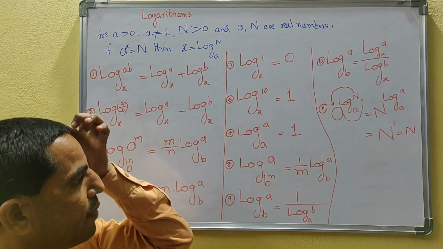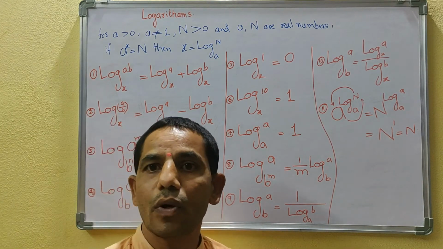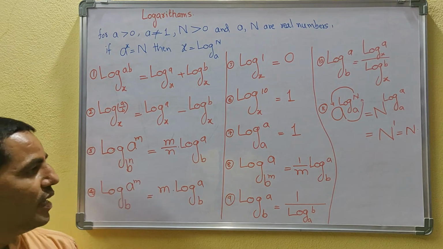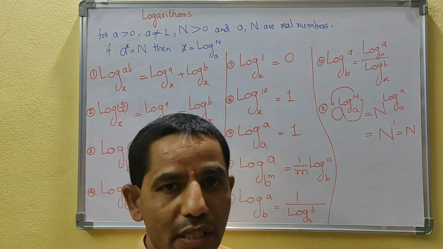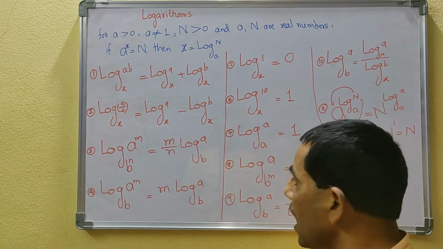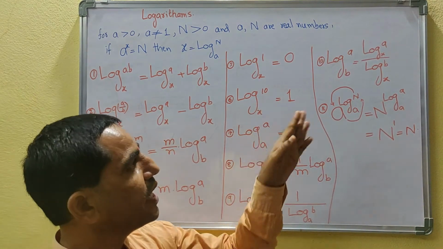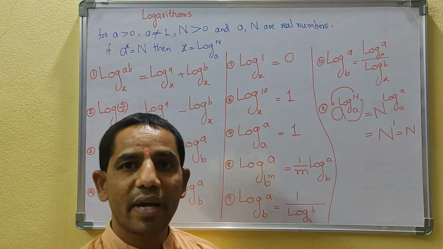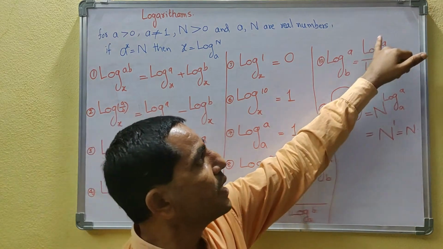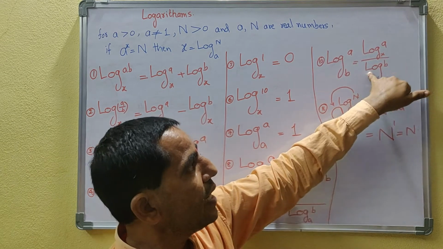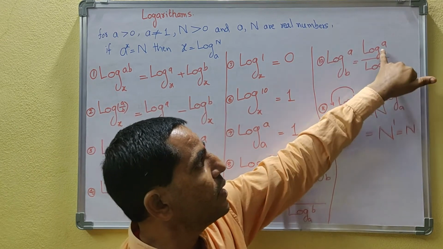Next, log a base b to the power of m is equal to 1 by m into log a base b. Next, log a base b is equal to 1 by log b base a. Again, log a base b is equal to log a by log b, where you take any one variable or number and the base is the same.